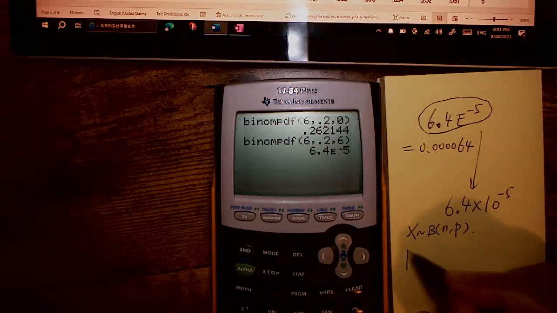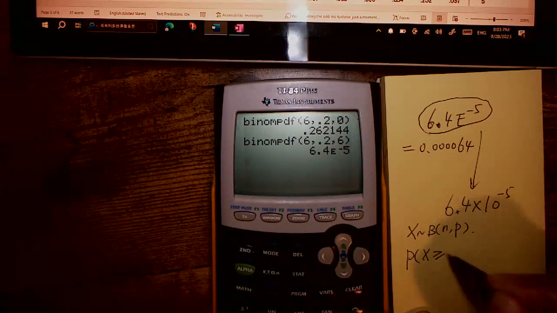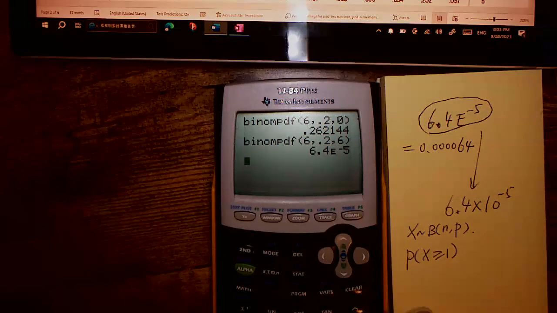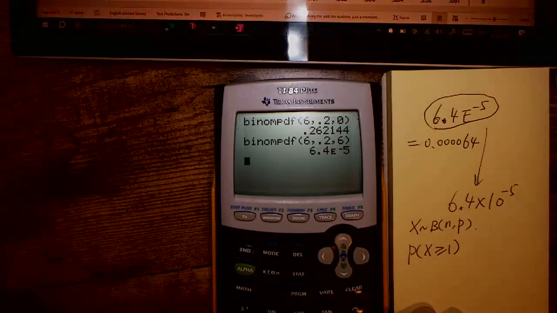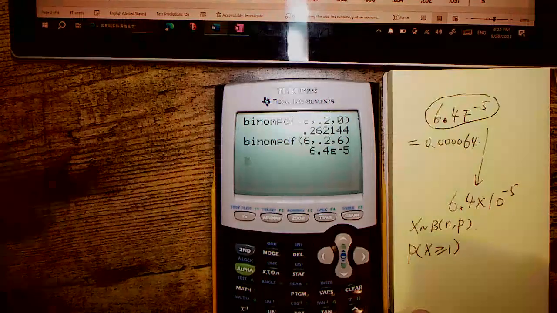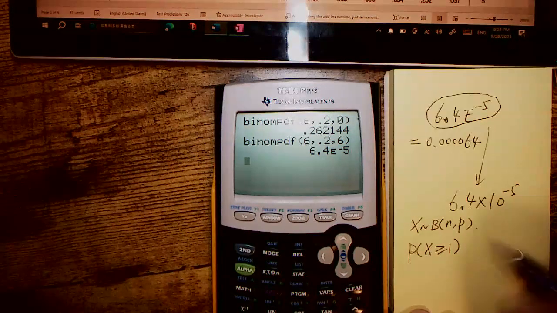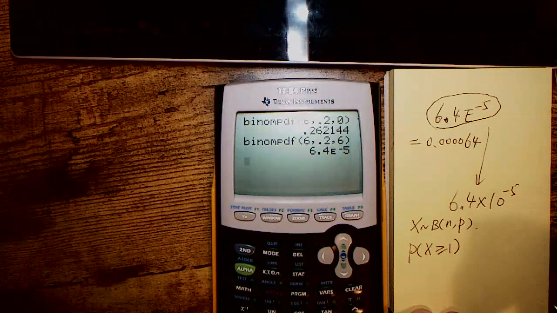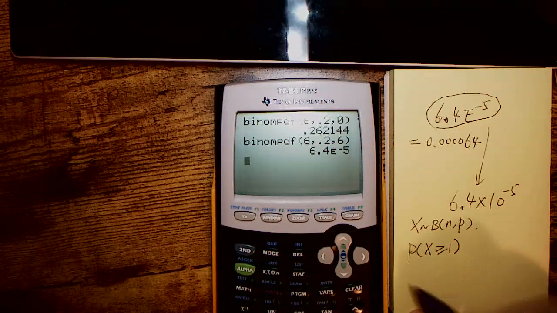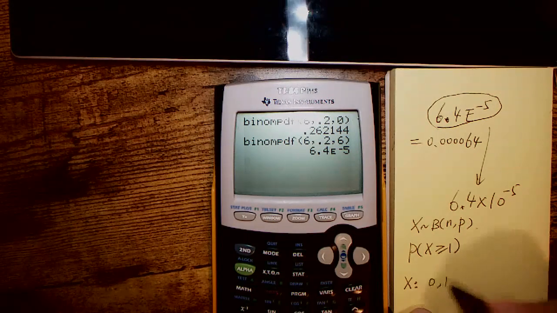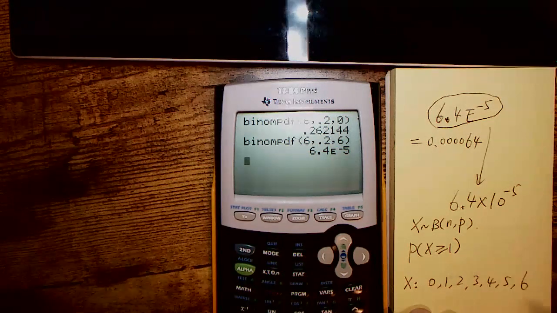Another thing I want to say: in a binomial distribution, how do we find the probability of at least one quickly? We still use the same example. X represents the number of questions you guess right among the 6 questions, among the 6 trials. All the possible values that X assumes are 0, 1, 2, 3, 4, 5, 6, right?